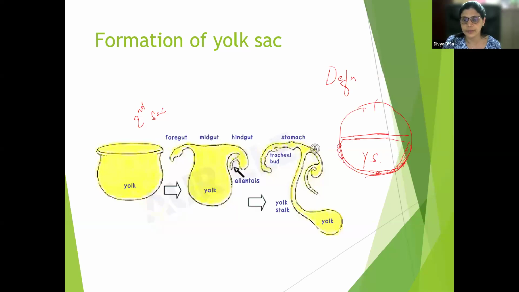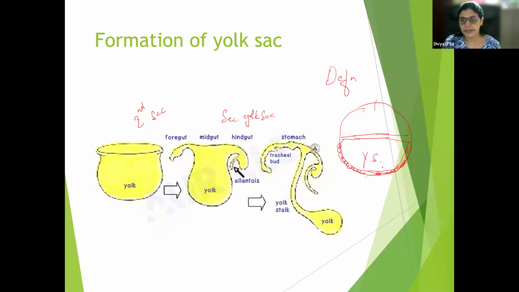With the appearance of this extra embryonic mesoderm, and then after that the formation of the coelom, the yolk sac is reduced. This is called the secondary yolk sac.